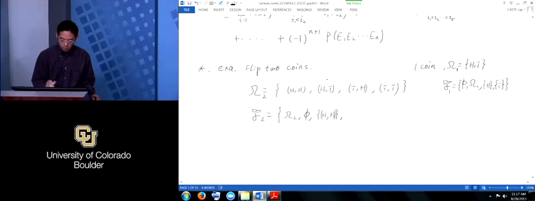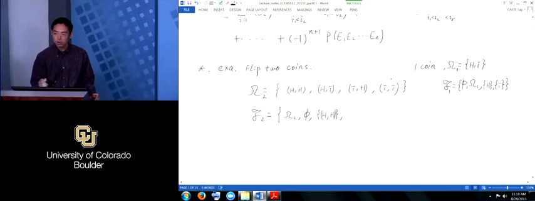If 1, it means this element is included in that subset. So for example, 1, 0, 0, 0 means this guy, right? This one is included in that subset, and the rest is not. So assign a binary indicator for each element. You can enumerate all possible subsets. And the number of possible subsets is essentially the number of binary numbers you can have. So we have 4 bits here. The total possibility is 2 to the 4, right?